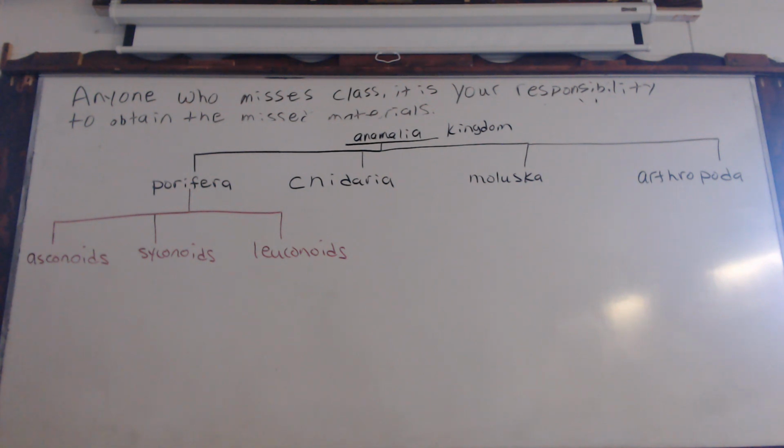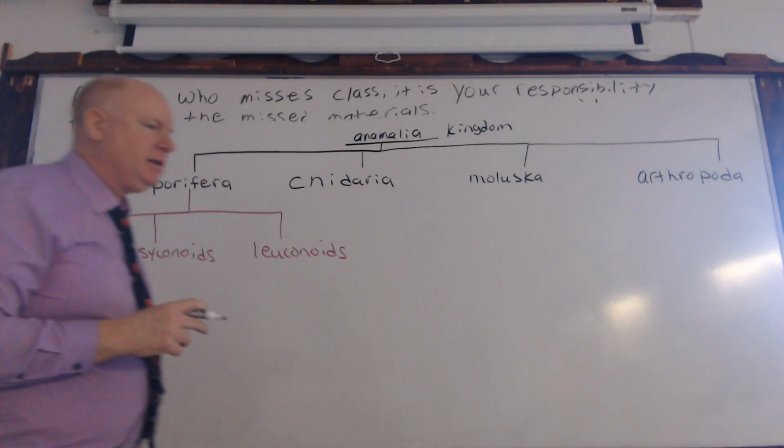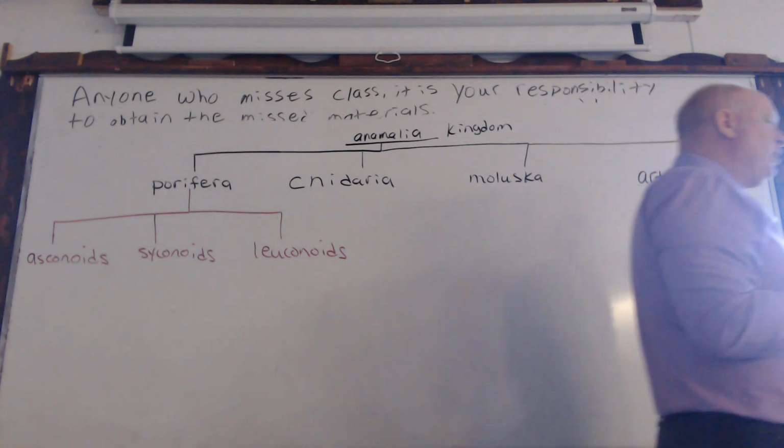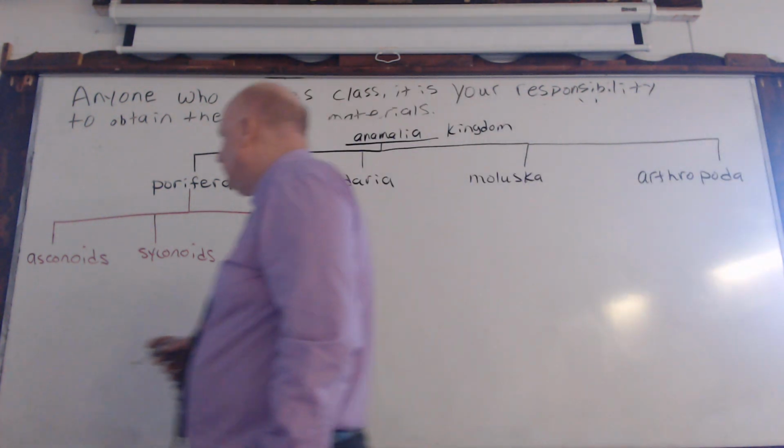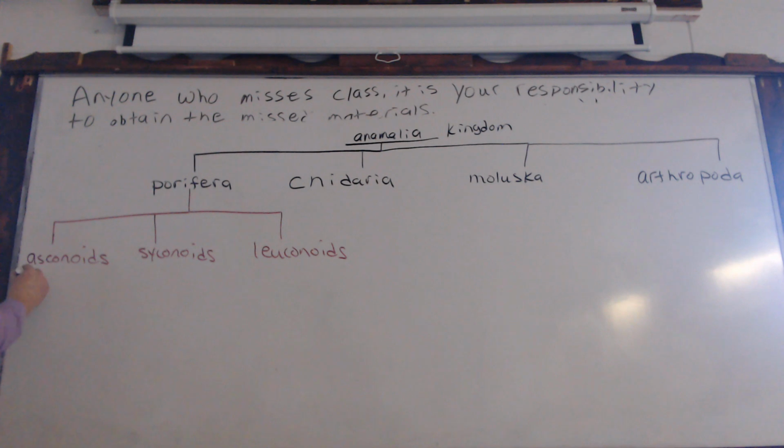So then the next thing we would want to state, what makes a sponge? What are some characteristics of those? Okay, so they are porous.